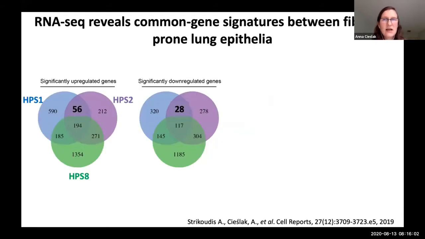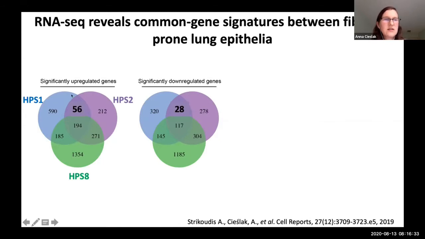Here, we decided to complete our data with the RNA-seq analysis. Since the pathogenesis of IPF and HPS-IP involves epithelial compartment and epithelial injury, we performed RNA-seq on the purified epithelial cells from organoids that were generated from wild-type and from each clone to really identify gene expression patterns that differ from the parental line and are shared by the fibrotic organoids.